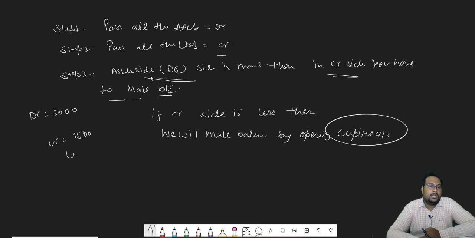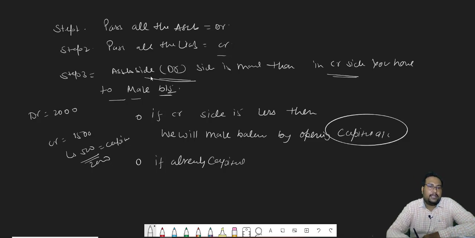Suppose debit side is coming 2000 and credit side is coming 1500. So the extra 500 difference will be treated as capital, and after that the balance will be 2000, 2000 equal. This is the first thing.